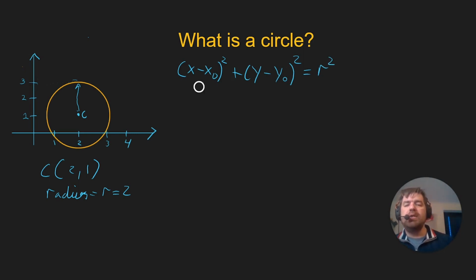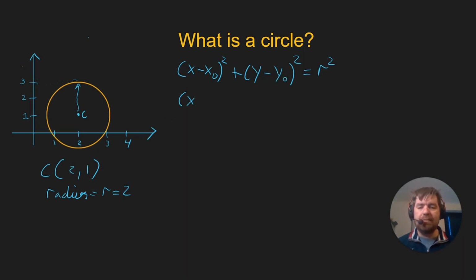All right, so when we look at this, we can write out the circle equation formula for this circle, and we will see that x0 and y0, that is the center. So x0 is the x point of the center, and y0 is the y of the center.